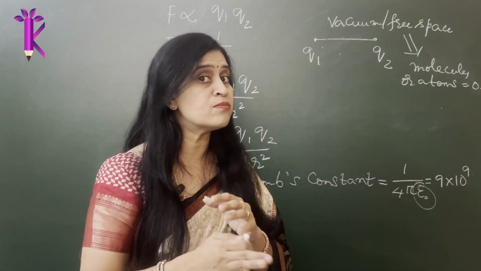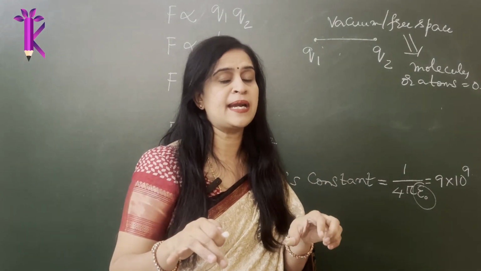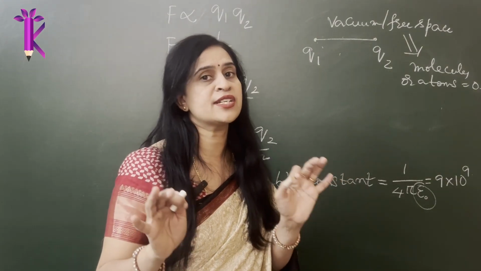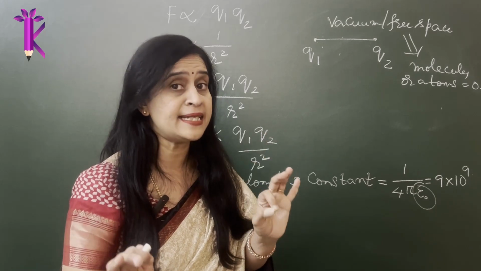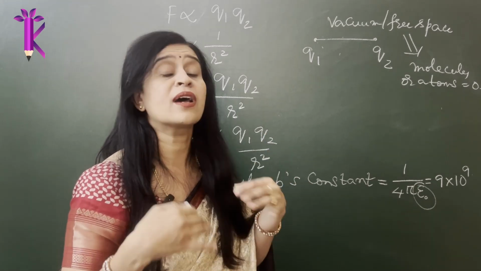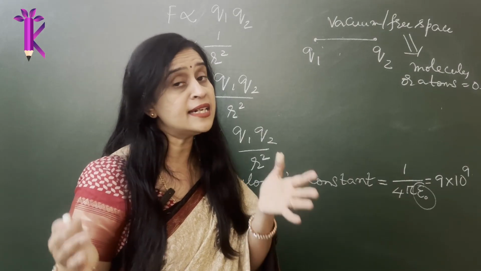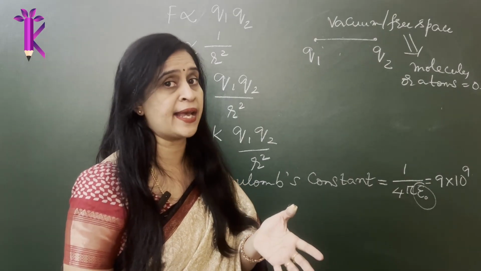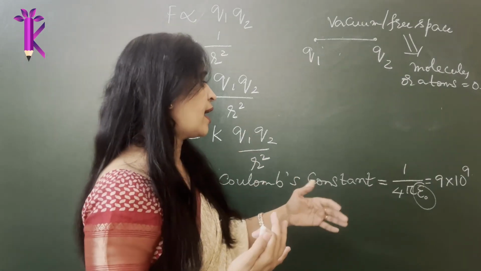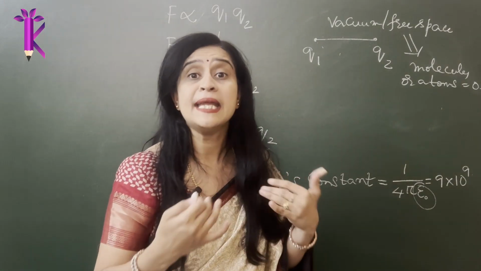So what did Coulomb do? He assumed, and carried out the experiment saying that these two charges were placed in a medium where there were a negligible number of atoms, such an ideal case, where the number of atoms in a given medium or free space, which we call the permittivity of free space, was minimum.